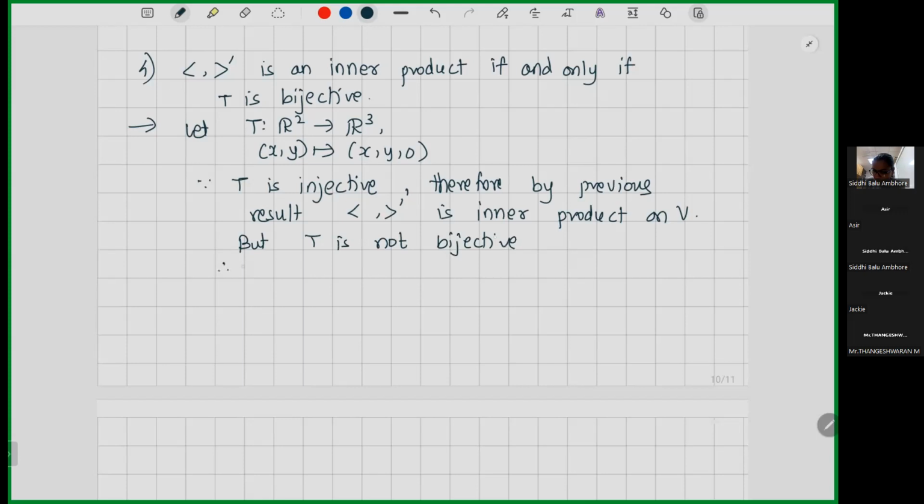Therefore, the only-if part does not hold, and that's why this statement is false.